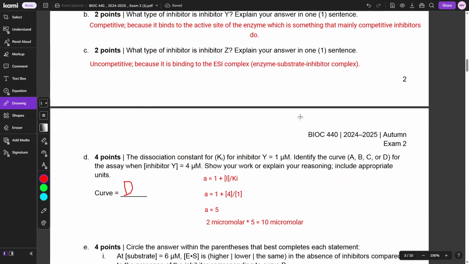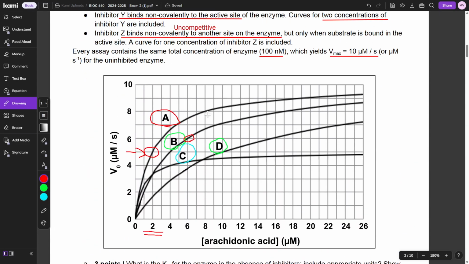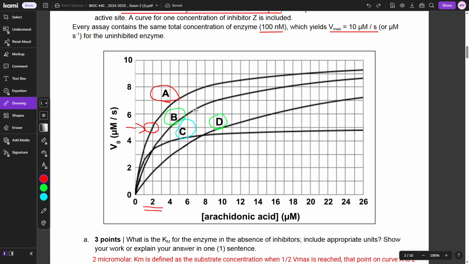Without the inhibitor, we're basically looking at curve A, and with the inhibitor, we're looking at curve B. If we look at 6 micromolar for both B and A, you can see that at this point up here, we've reached a higher proportion of Vmax.